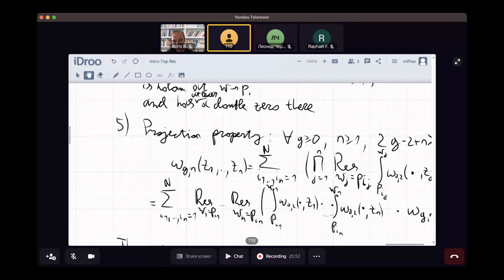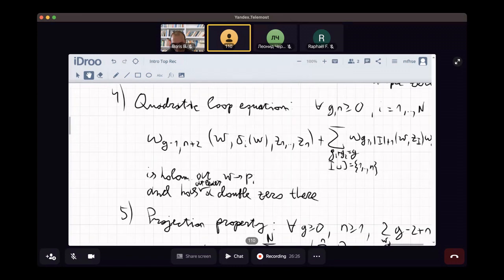So if you have all five conditions, it's the original topological recursion, but if you drop the last condition, you get what's called the blobbed topological recursion, which is also interesting. It's weaker. I mean, every topological recursion is a blobbed topological recursion, but not vice versa. What is blobbed?